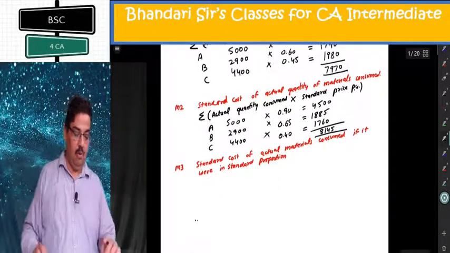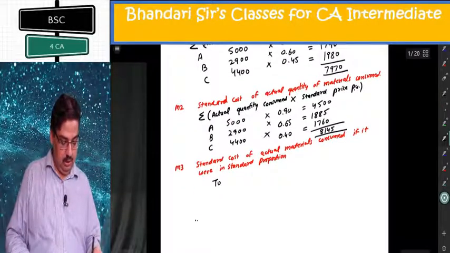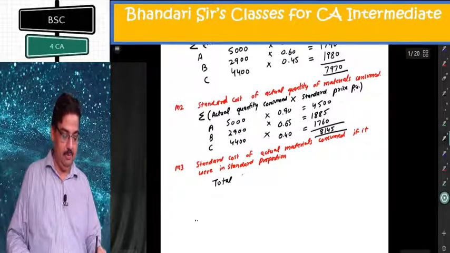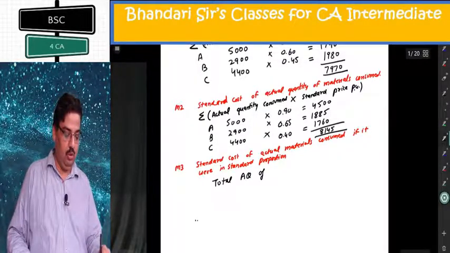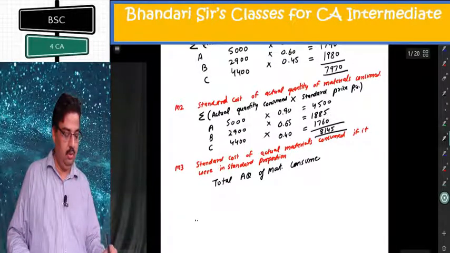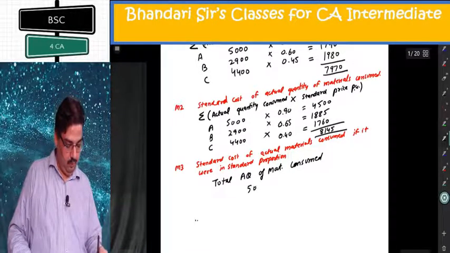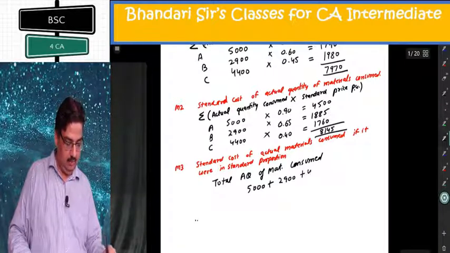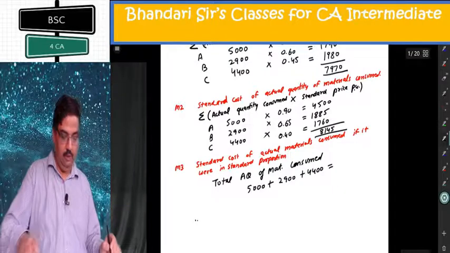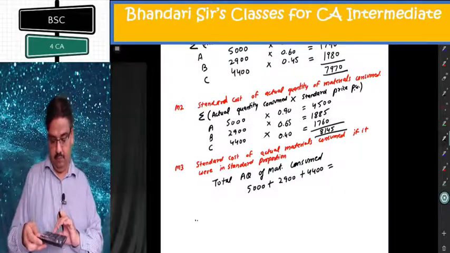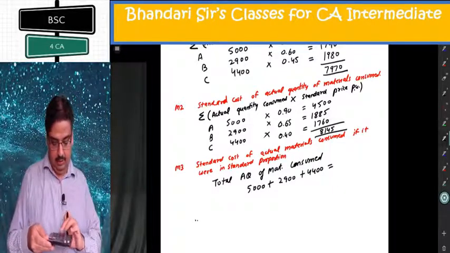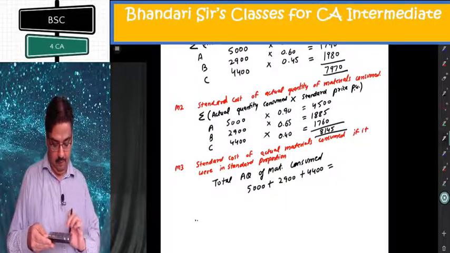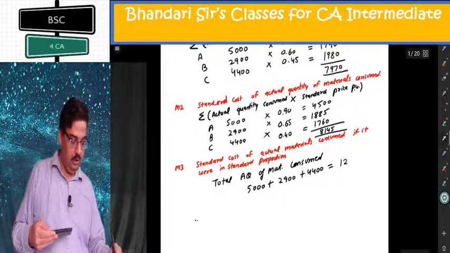Now the third step is always very simple if you apply sub-steps. Total actual quantity of material consumed: 5,000, 2,900, 4,400, total 12,300.